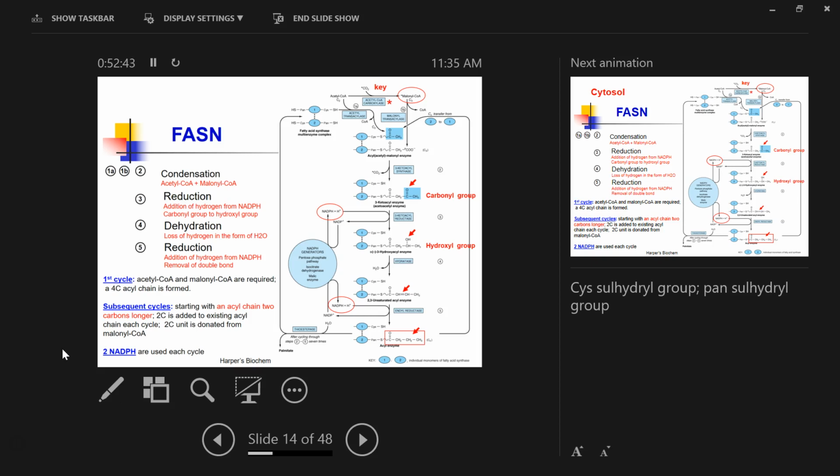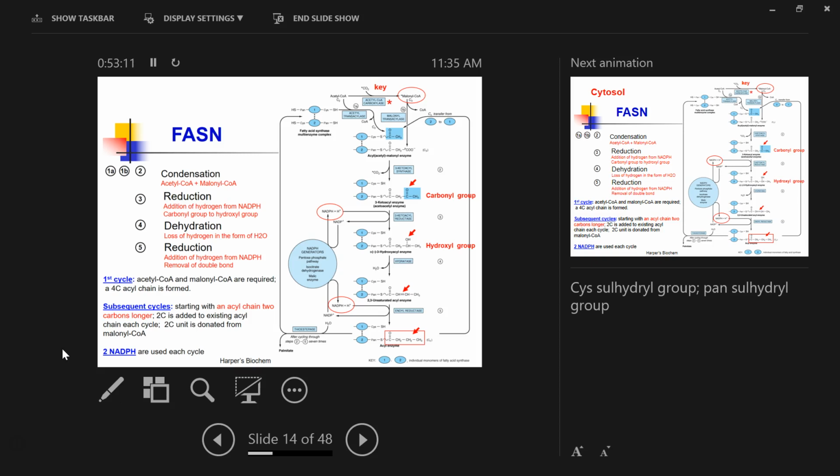The first cycle requires 1 acetyl-CoA molecule and 1 malonyl-CoA molecule to form a 4 carbon acyl chain, right?